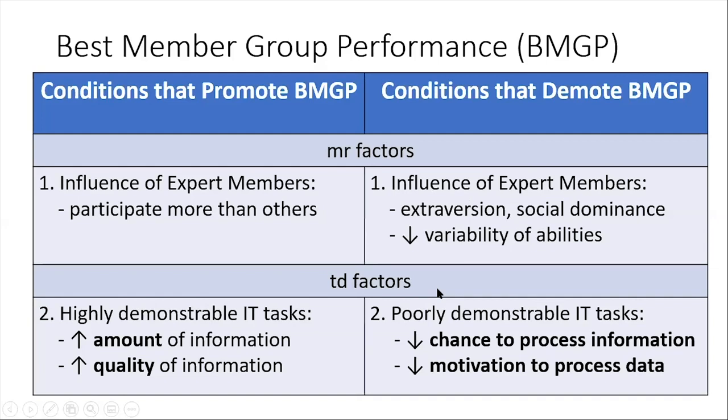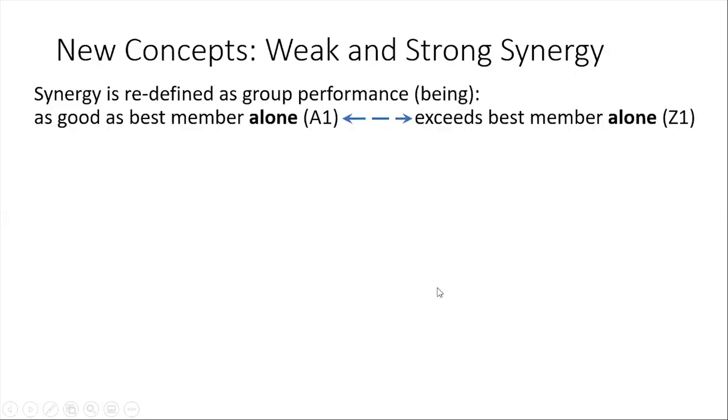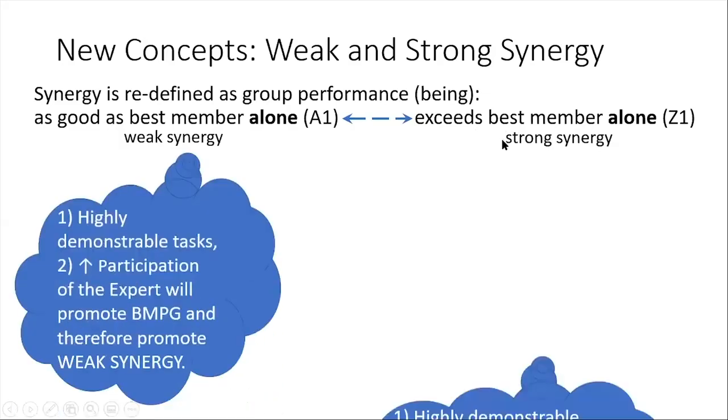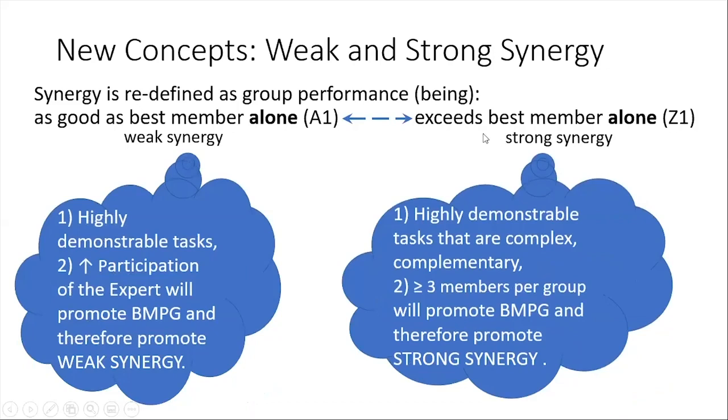And so we have this new definition of weak and strong synergy, where the PP for weak synergy is as good as the best member alone, or the PP for strong synergy exceeds the best member alone. And so here are a few characteristics of weak and strong synergy according to Stasser and Abel.